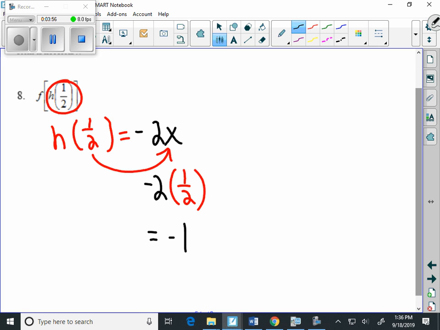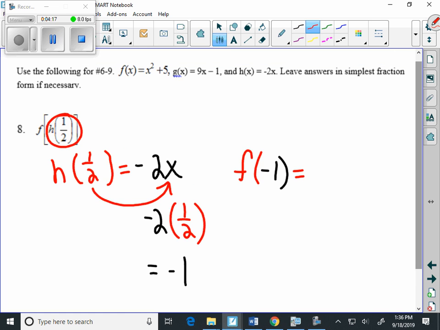Once again, we are not finished with this. We've only figured out what h of 1/2 is. Now we need to figure out what f of negative 1 is. Taking that answer that we just found of negative 1, we're going to put it back into our f function, which is x squared plus 5.